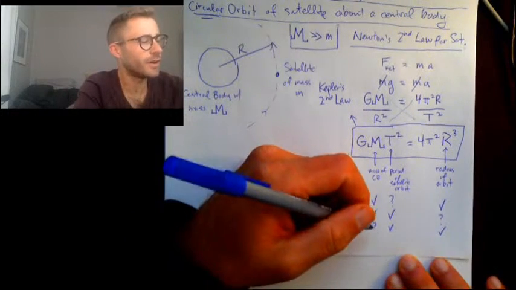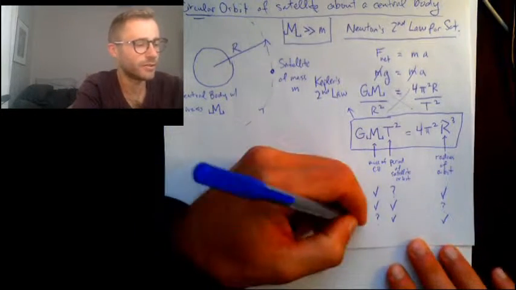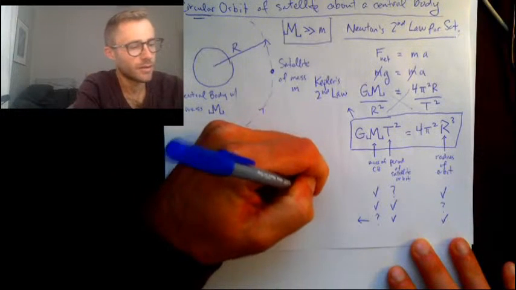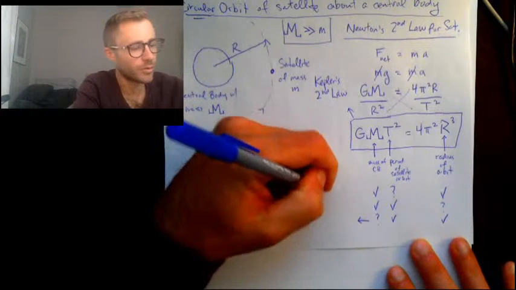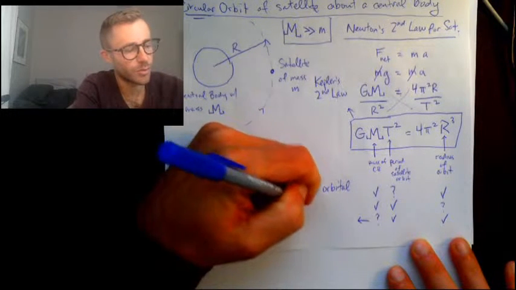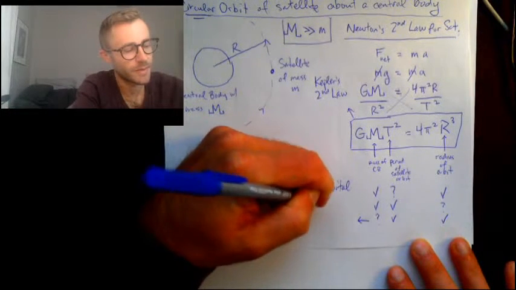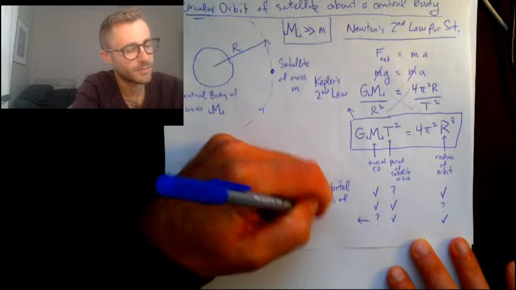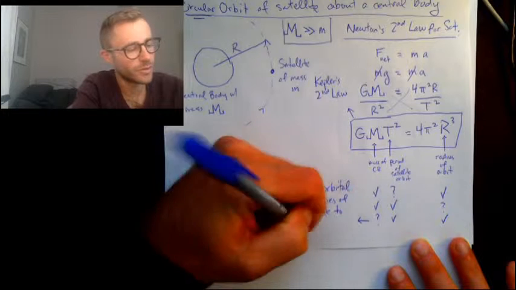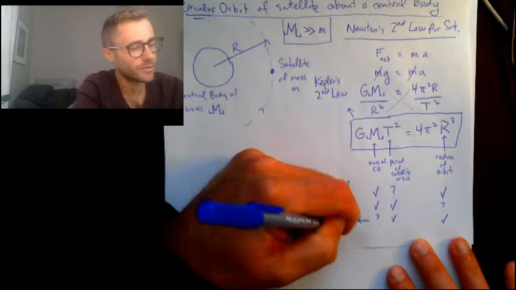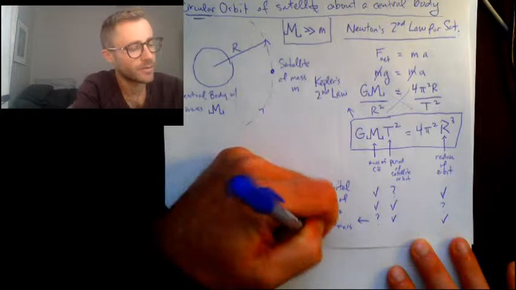So basically, what I wanted to say is we use the orbital properties of the satellite to determine the mass of the central body.